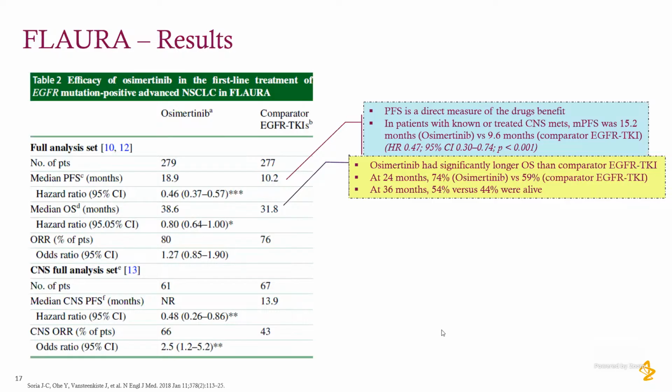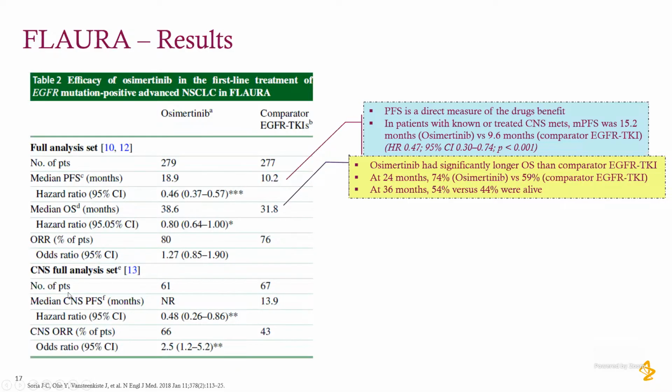If we see this graph, the number of patients was equally distributed, and the median PFS was 19 months in the osimertinib experimental arm, and in the comparator arm of first generation TKI it was 10 months. Median OS was 38.6 months versus 31 months in the gefitinib erlotinib arm, with an impressive hazard ratio of 0.46.